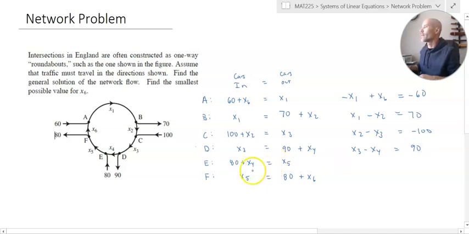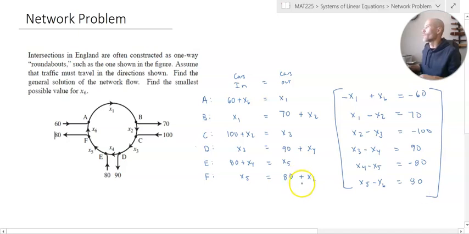Here I think I'll subtract over the x5, and then I'll subtract over the 80. Finally, here I'll just subtract the x6 from both sides, leaving me with x5 minus x6 equals 80. So this should be my system of equations right here that I'm going to now convert into matrix form.